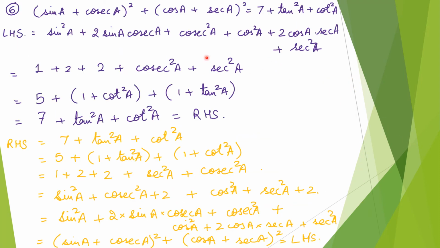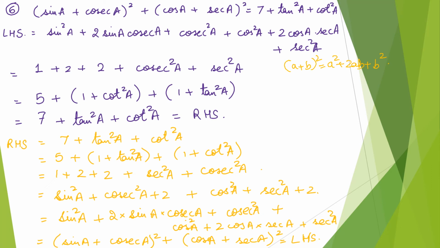Okay. Now this one: sin A plus cosec A whole square plus cos A plus secant A whole square is equal to 7 plus tan square A plus cot square A. I am starting from the left hand side. This I'm expanding, using the formula that we know, that is A plus B whole square is equal to A square plus 2AB plus b square.